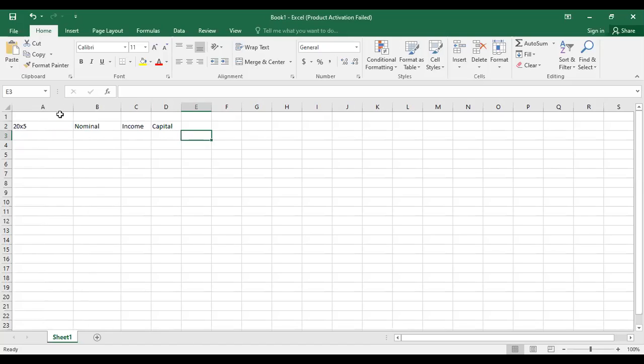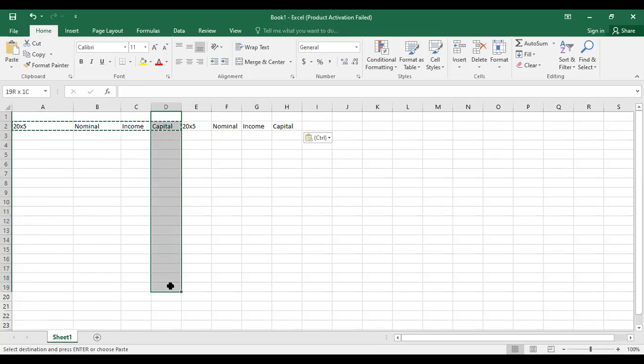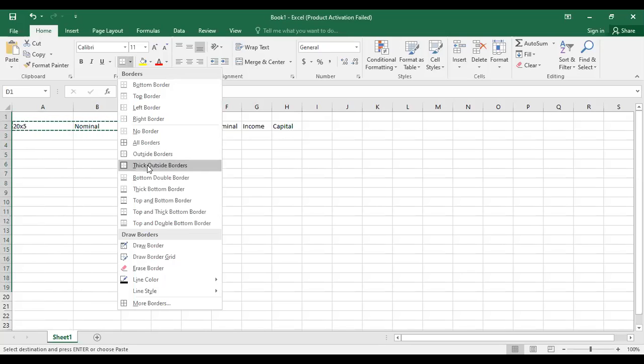Well, this is the debit side. Just have a copy, paste. But I have the other, make this bit thick.